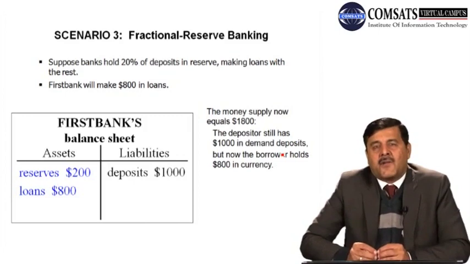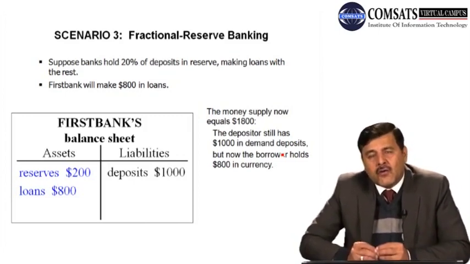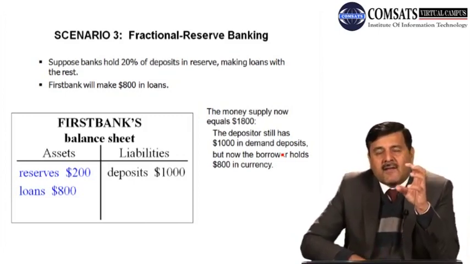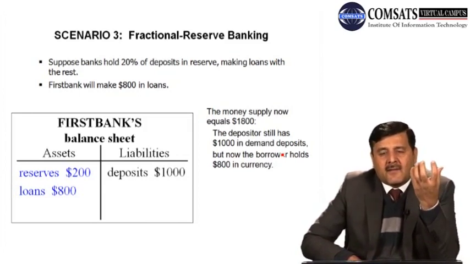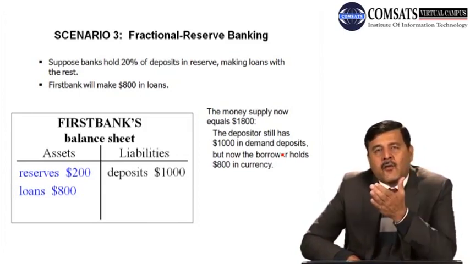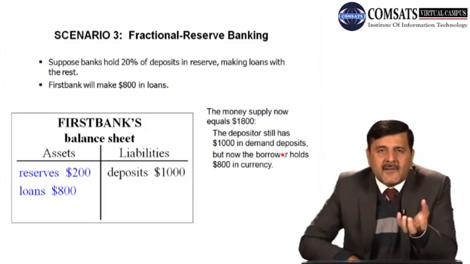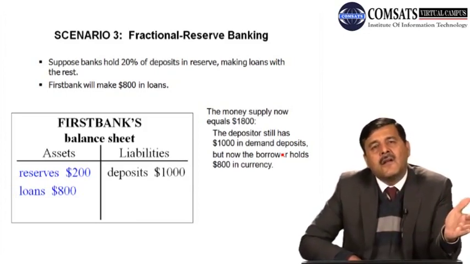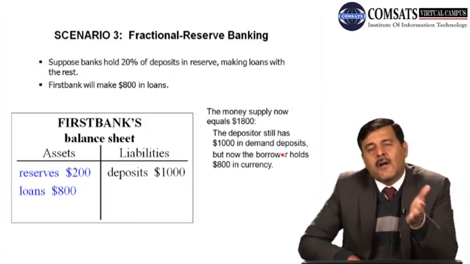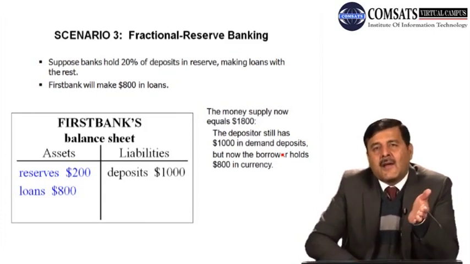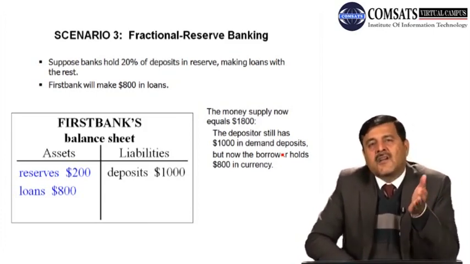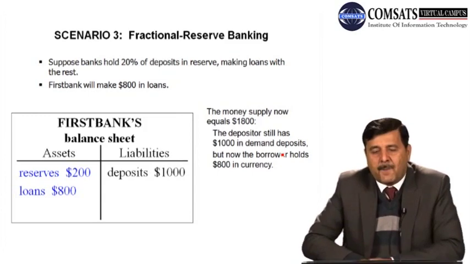Because what is 20% of 1000? $200. As we said, it keeps 20% with itself as reserve, and the remaining amount it gives as loans to its customers. Now 20% of 1000 is $200, and the amount left with the bank to extend as loans to customers is $800 US.